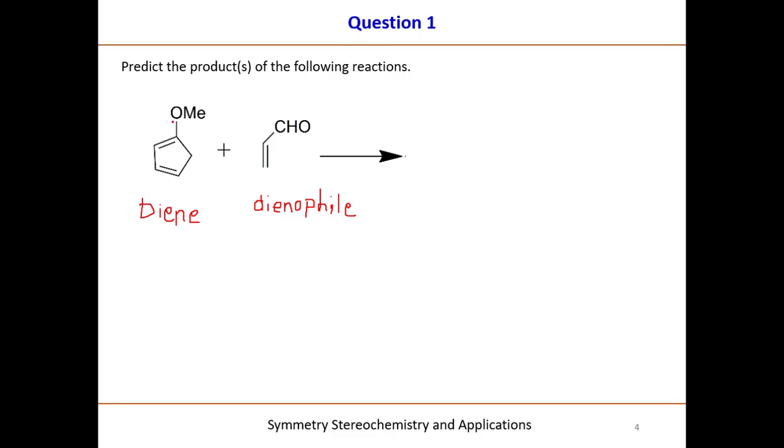So as I told you in previous cases, you can draw the resonance structure and find out the partial positive or negative charge on the particular carbon atom. Here you can see this is a partial positive charge, because this carbon is connected to the electron withdrawing group here.